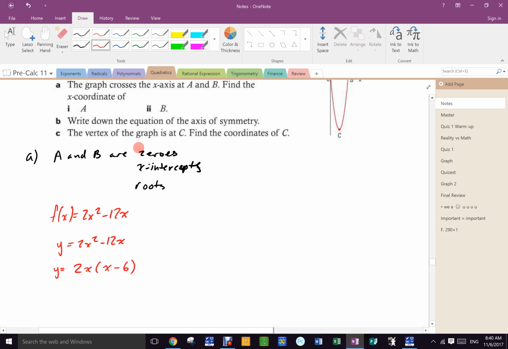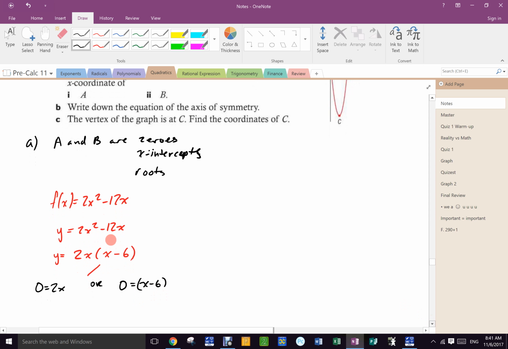If these are x-intercepts, then what is their y value? 0. So we know that either 0 has to equal 2x or 0 has to equal x minus 6. So what are the two values for x?